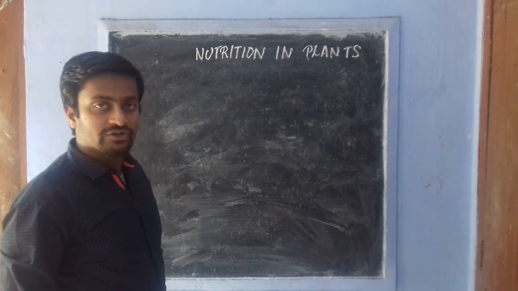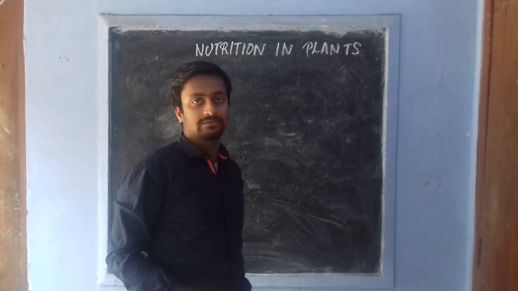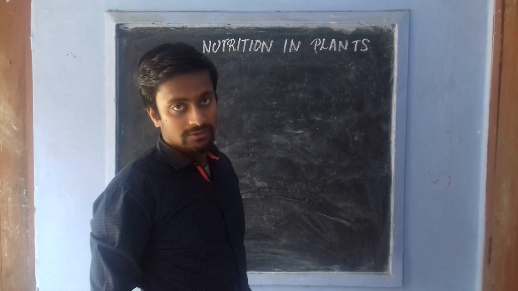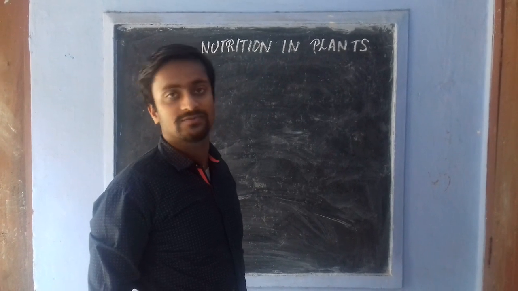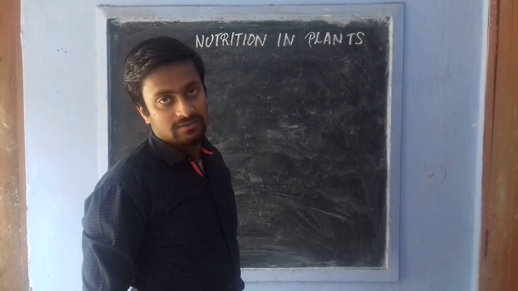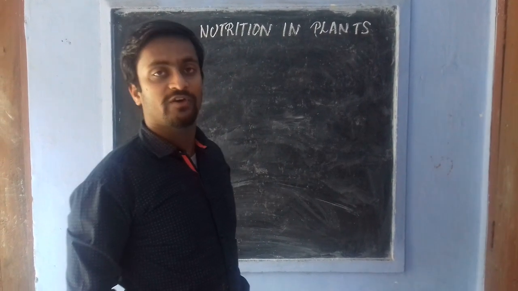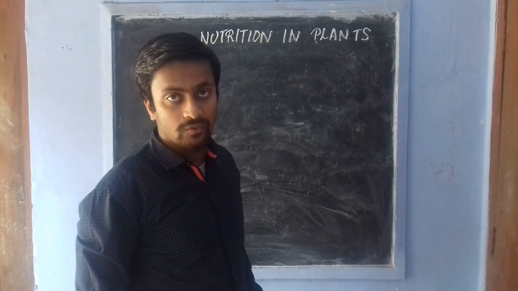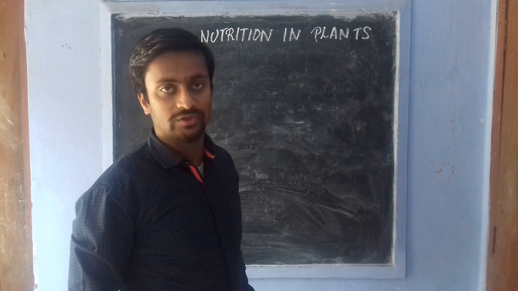The process of nutrition, all the living organisms carry out the process of nutrition in order to gain energy for the various processes. Plants are also the same. Since plants cannot move from one place to another, but they do grow, so they require the energy for growth.